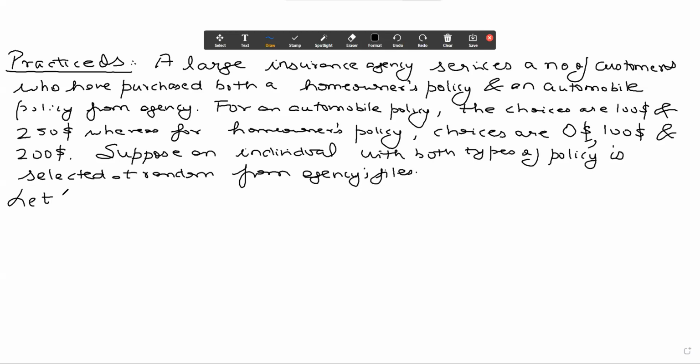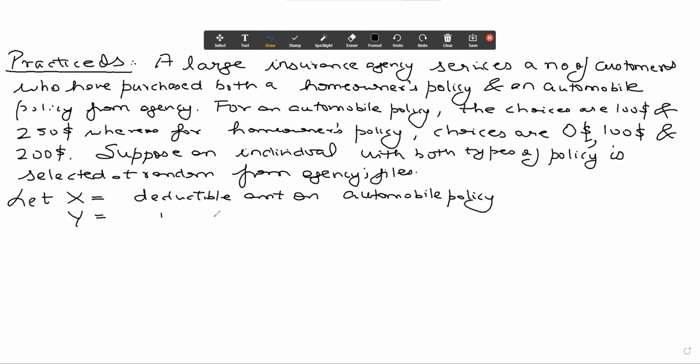Let capital X denote the deductible amount on the automobile policy and let Y denote the deductible amount on the homeowner's policy.